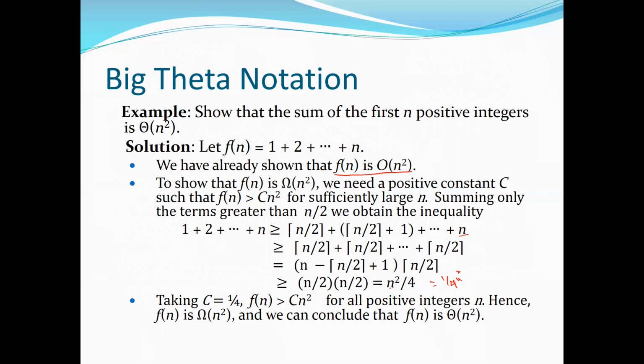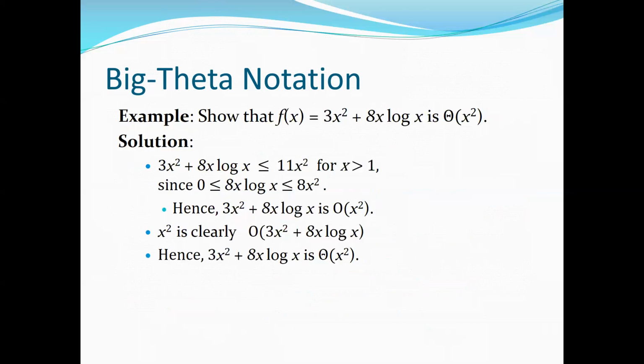So if this inequality is true, it means f of n is also omega of n squared. Hence, f of n is theta of n squared, for two different c values. Here c1 was 1, and here the c value is 1 by 4.